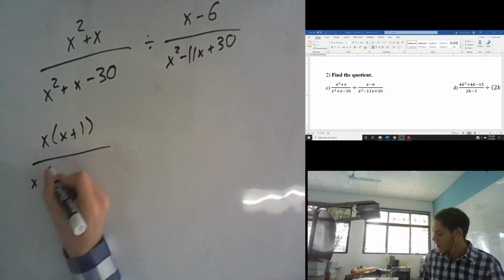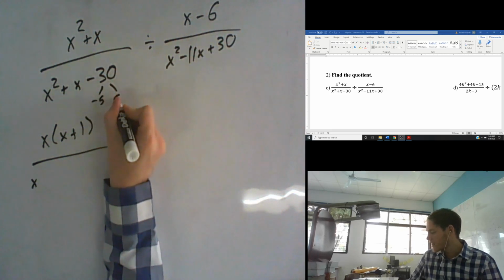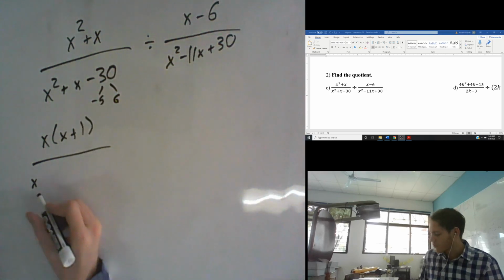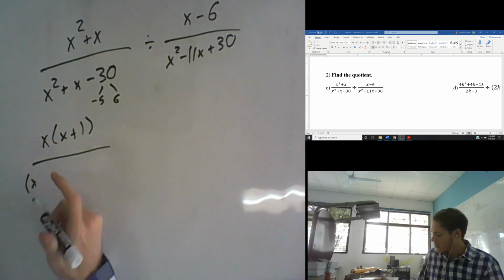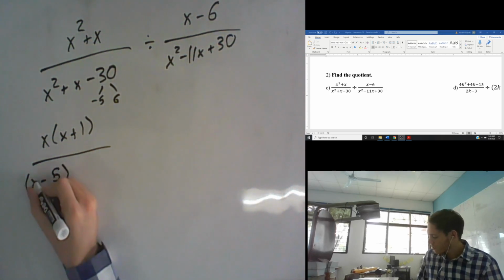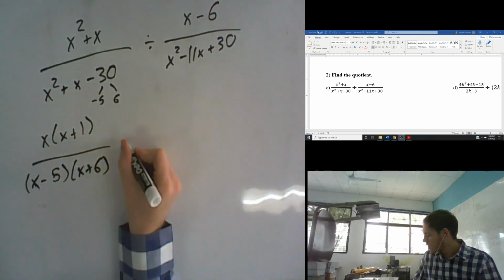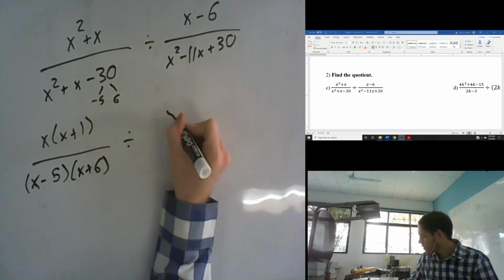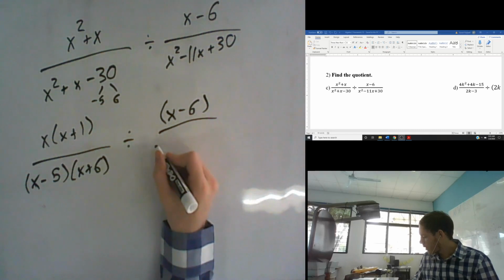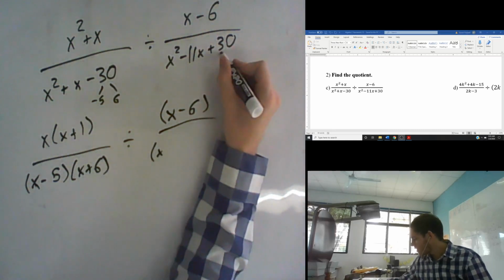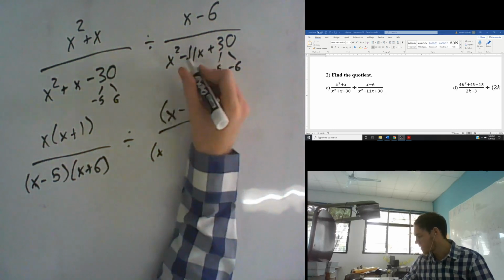On the bottom, negative 5 and 6 makes sense because this is positive 1, so you get x minus 5 and x plus 6, divided by x minus 6, which stays the same. And then the bottom is x, negative 5 and negative 6, because this is positive and that's a negative.